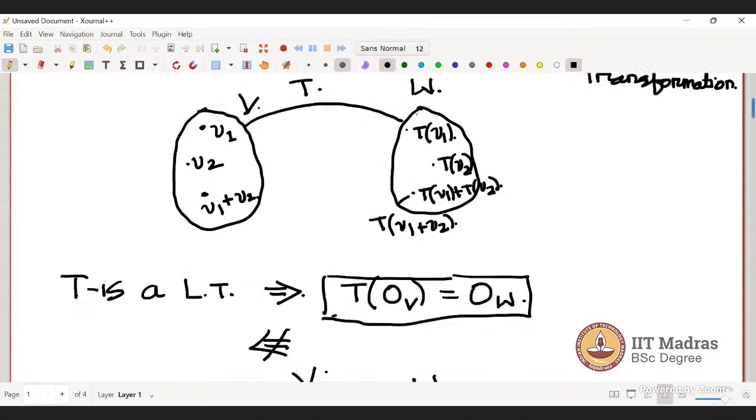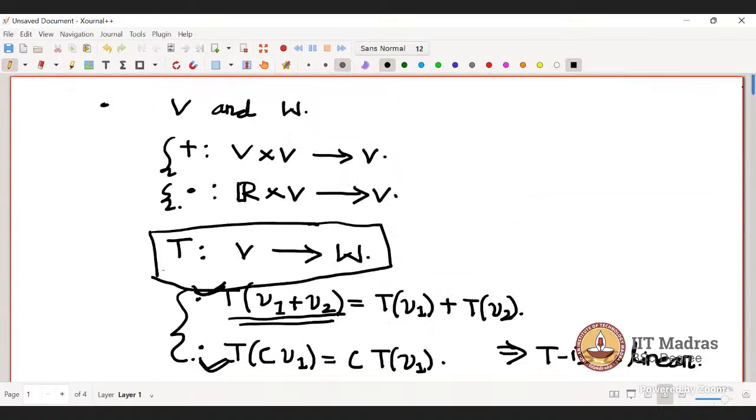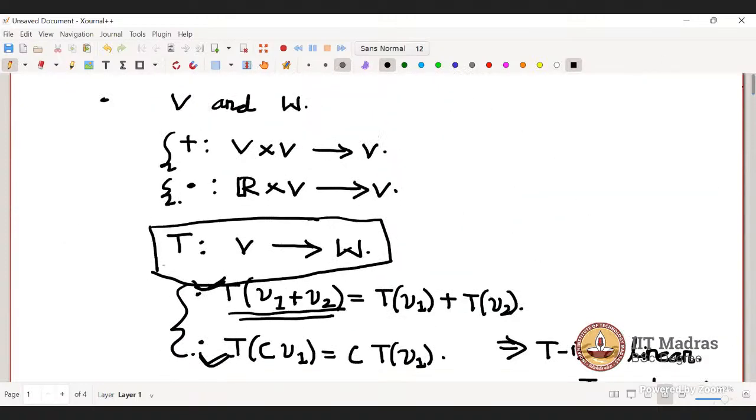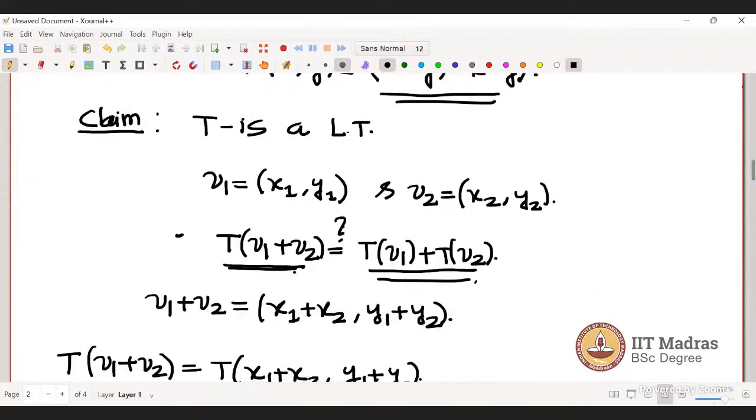And again, in the second example, we took some map from V to W. Again, in this case, V and W are basically the same. So again, we have to follow the same procedure. We have to check that T is an additive map, and that T satisfies the multiplicative structure. We saw that T satisfies both conditions.